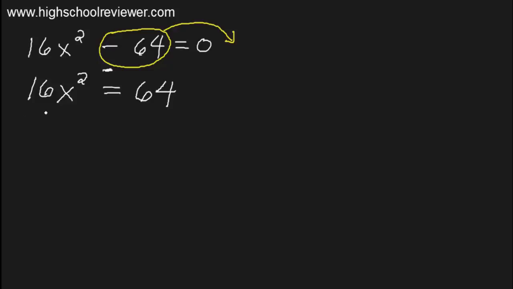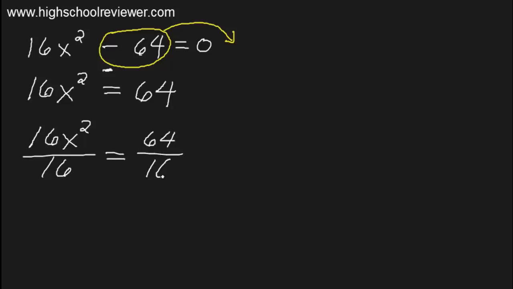And next, we have to cancel out 16 from 16x squared. To do this, we need to divide both sides of the equation by 16. So 16x squared divided by 16, and 64 divided by 16. 16 divided by 16, we can cancel this out since this will be equal to positive 1.